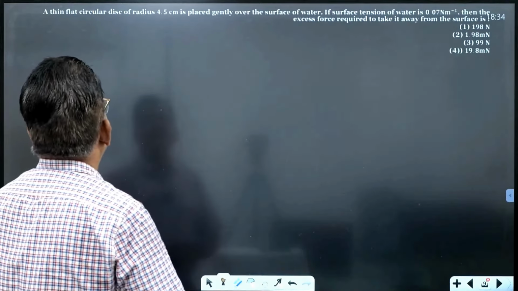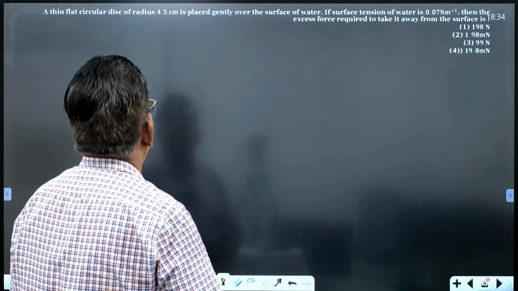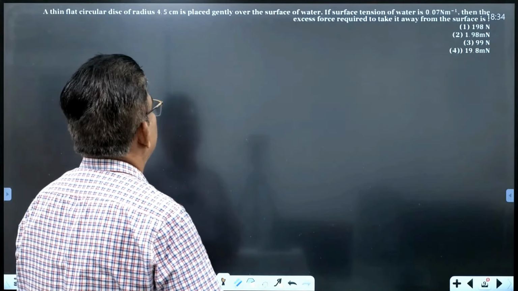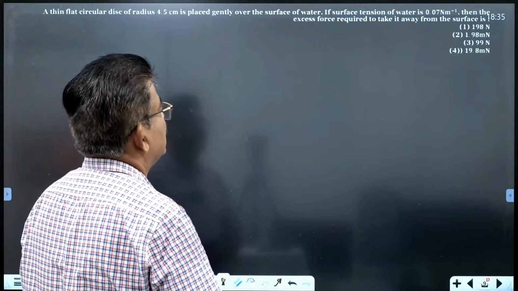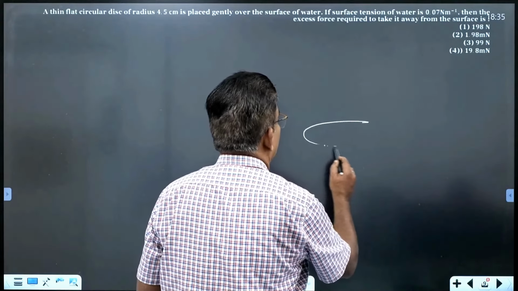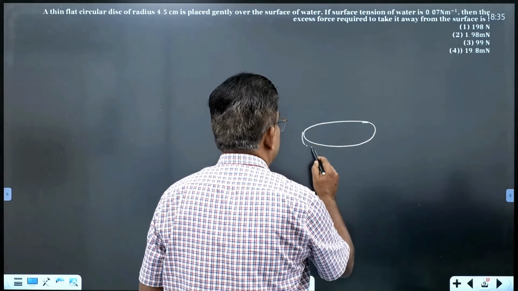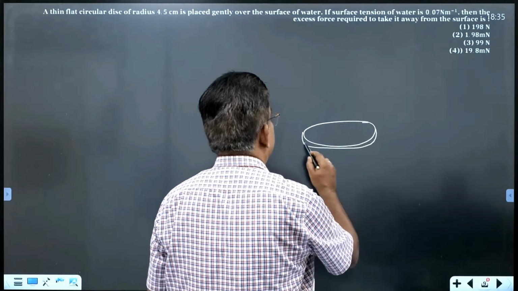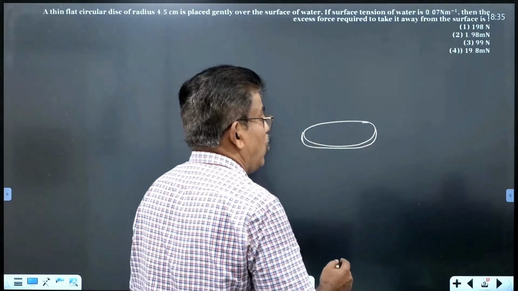A thin flat circular disc of 4.1 centimeter is placed gently on the surface of water. Surface tension of water is 0.7. For water, we are considering the angle of contact to be theoretically 0.